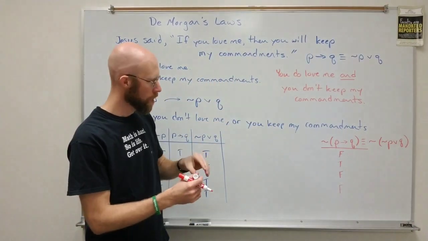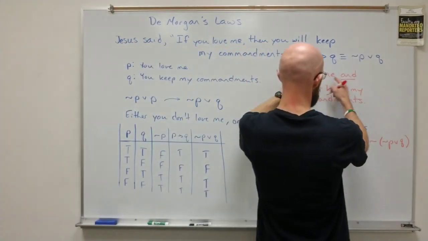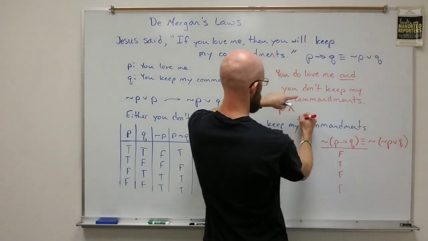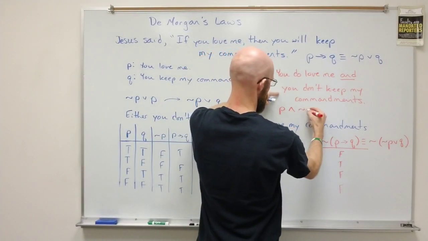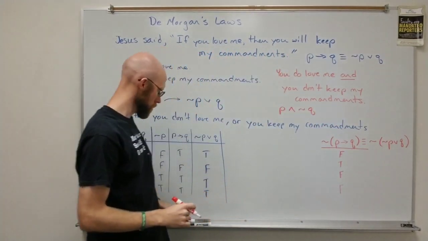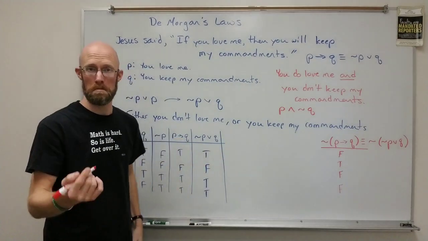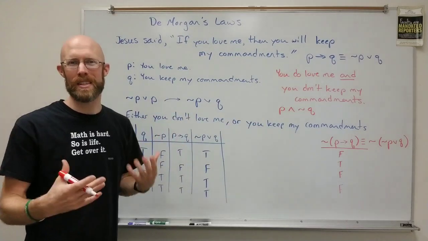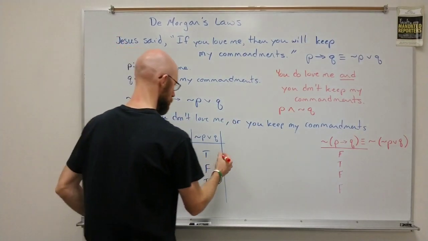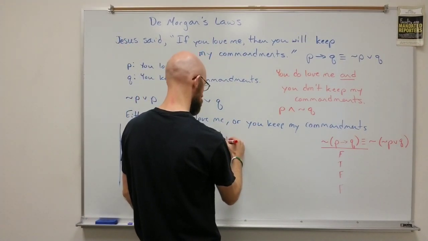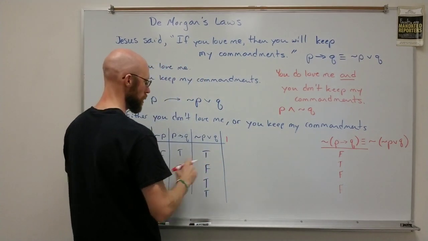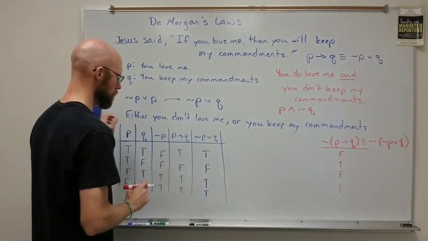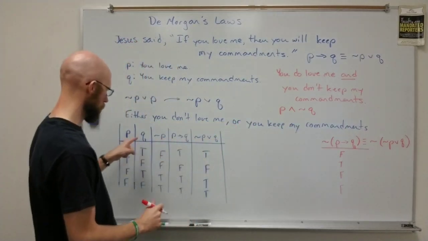So here I have you do love me, which is P, and don't keep my commandments, not Q. Let's see if that's equivalent to the other two. It kind of makes sense in English, but let's see if it's equivalent. So, oh, I need not Q, right? Before I go too far here, because I don't have not Q on the list.